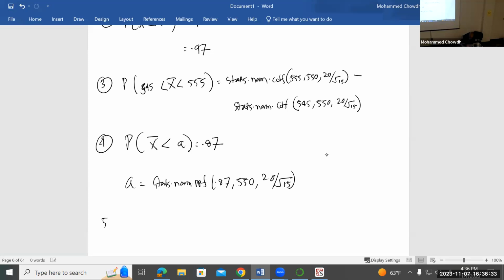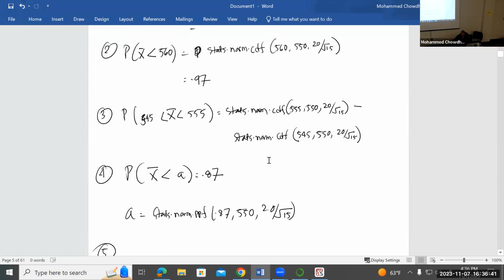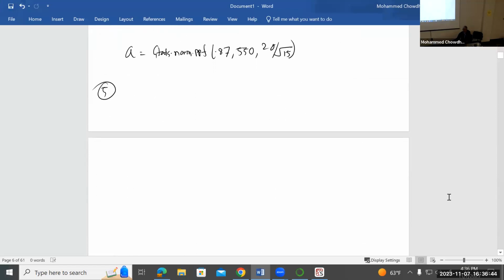And now finally, that one is total SAT score of 15 students, 8,000. So answer my question. X bar equal to sum of X over N. In this part, which one is the total?